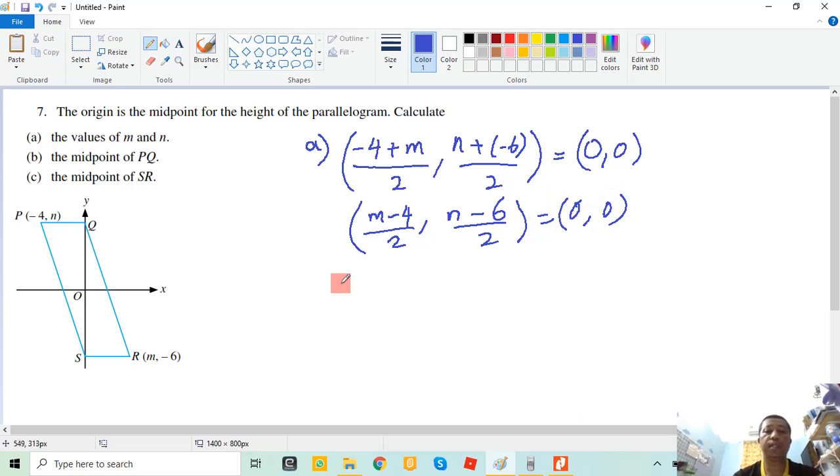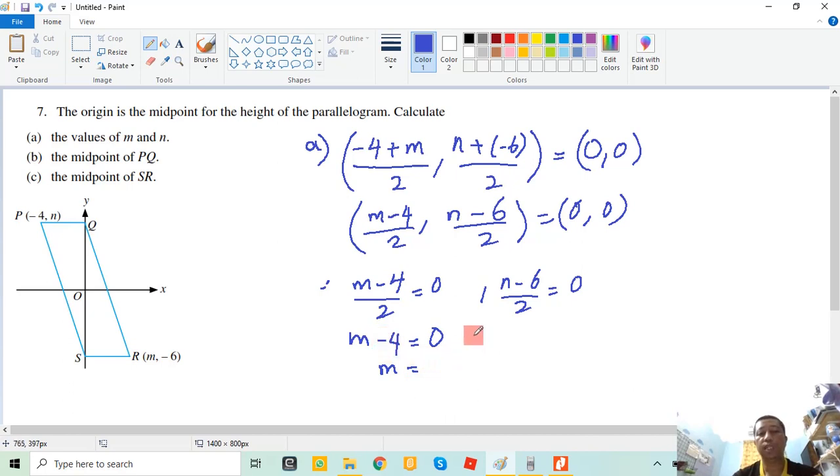So by comparison, therefore m minus 4 divide 2 equal to 0, n minus 6 divide 2 equal to 0 also. Okay, so m minus 4 equal to, so 2 bring to the right side becomes 0 times 2. 0 times 2 is 0.